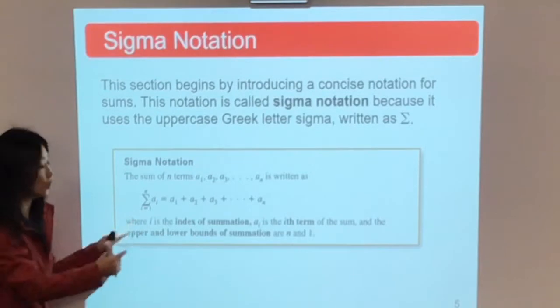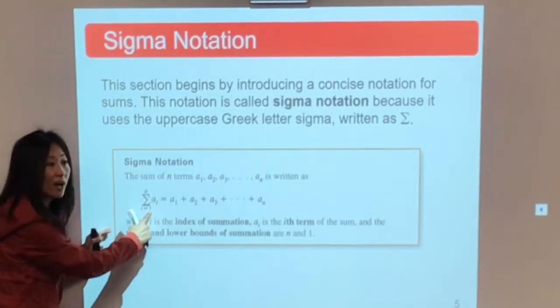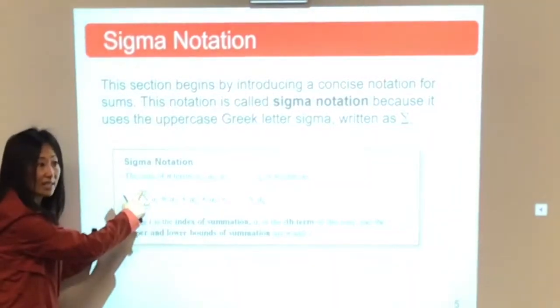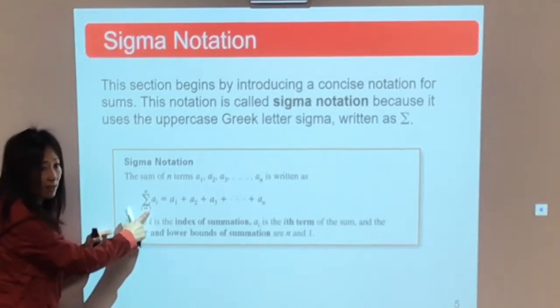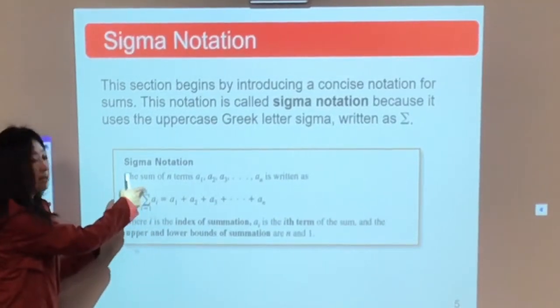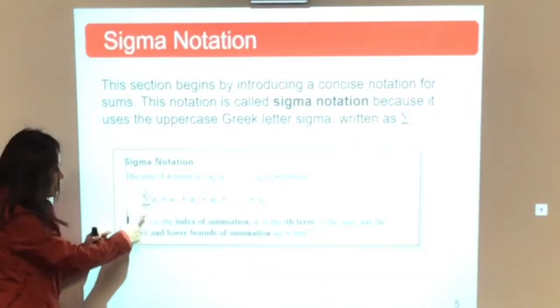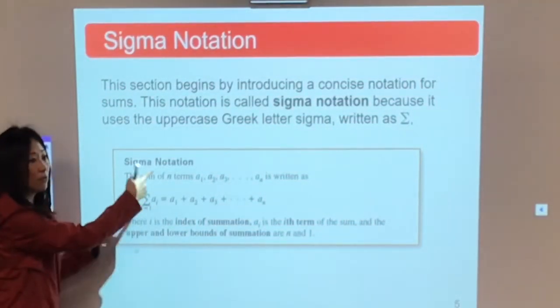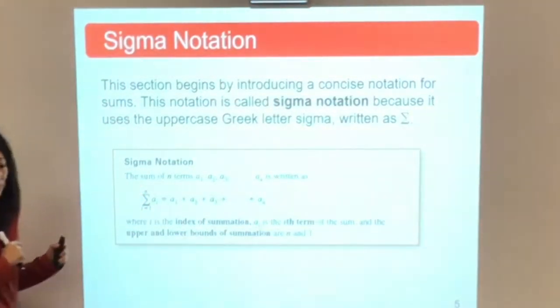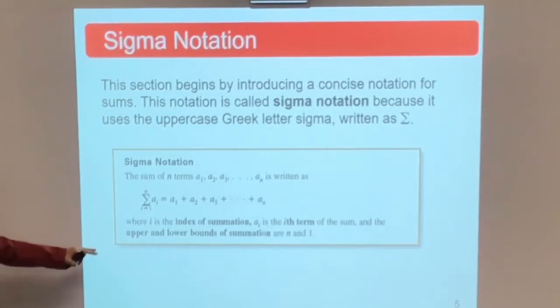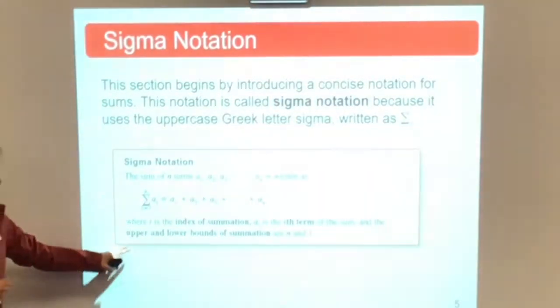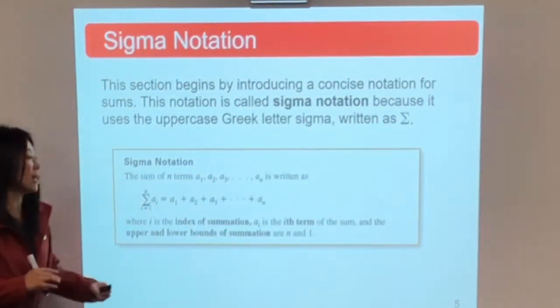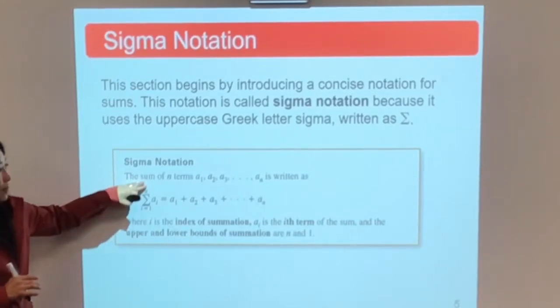The number starts at 1 and ends at whatever number that is. The starting number starts at the bottom, the ending number goes on the top. Is everybody with me? That's it. Upper and lower bounds of summation: this is the lower and this is the upper.